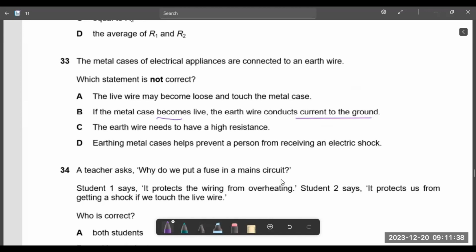That's also correct. The earth wire needs to have high resistance. This statement is actually wrong because it needs to have low resistance. Then only it will allow the current to flow to ground. Earthing metal cases helps prevent the person from receiving electric shock. This is also a right statement.